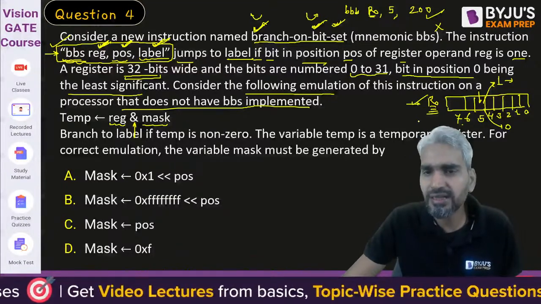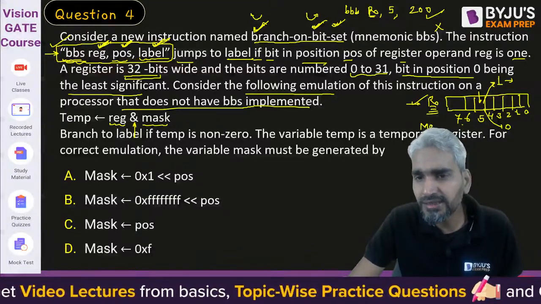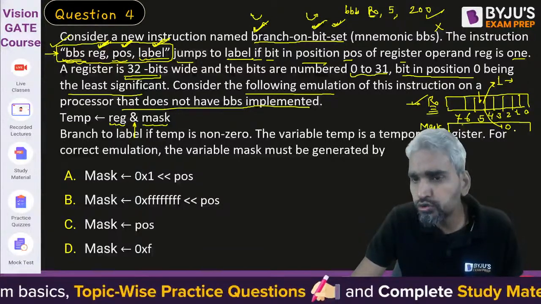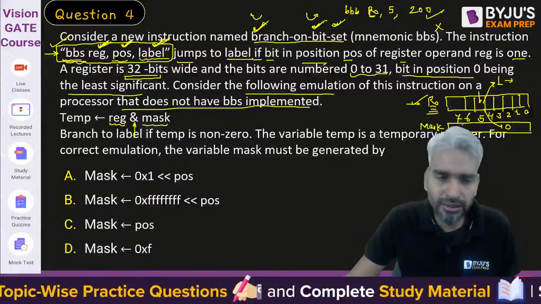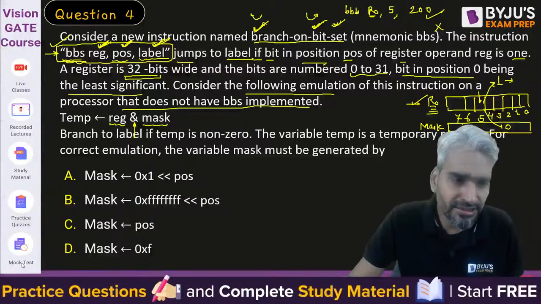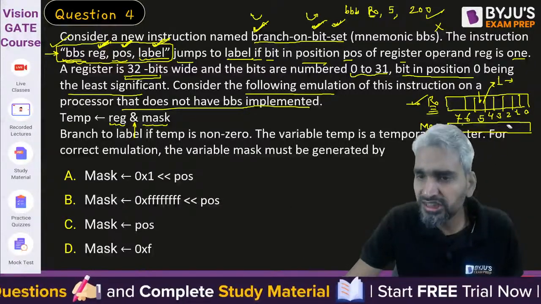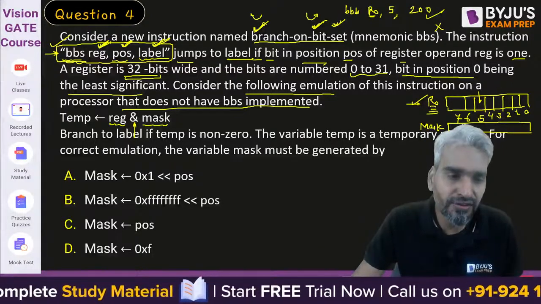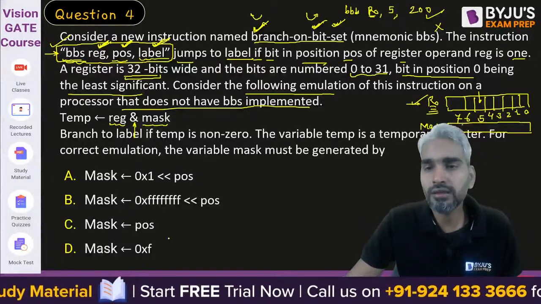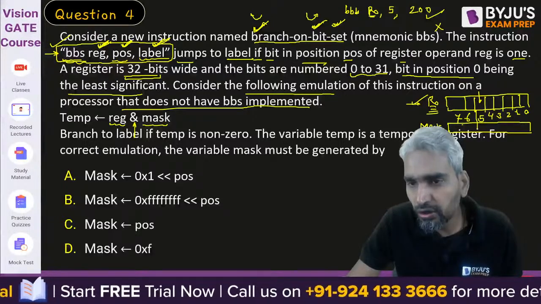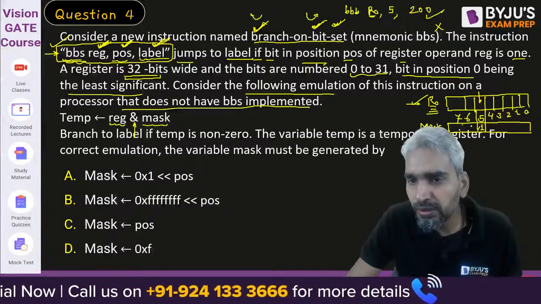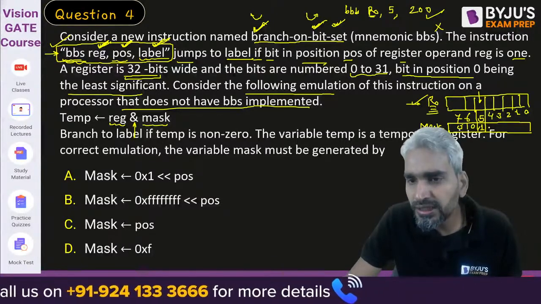If this is your register R0 and I define a mask, then if I want to check whether the bit at position 5 is 1 or not, in this mask the bit at position 5 should be 1, and all other bits should be 0.